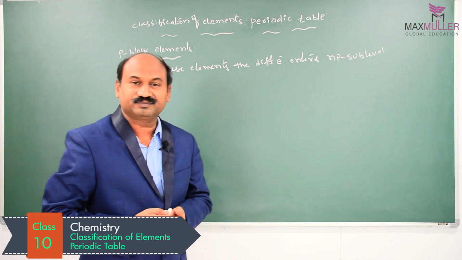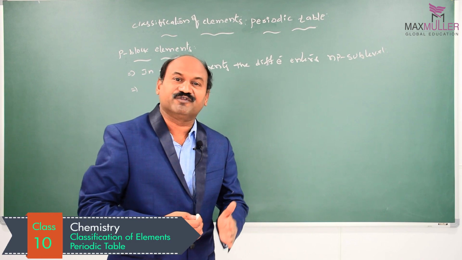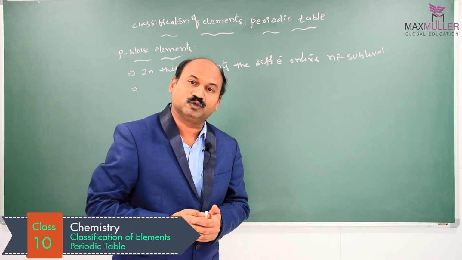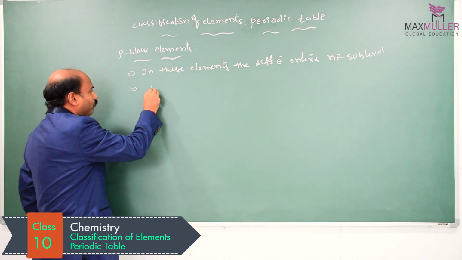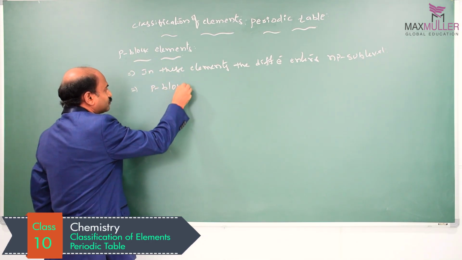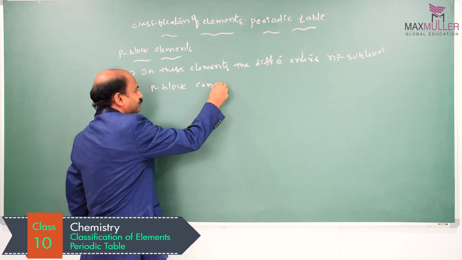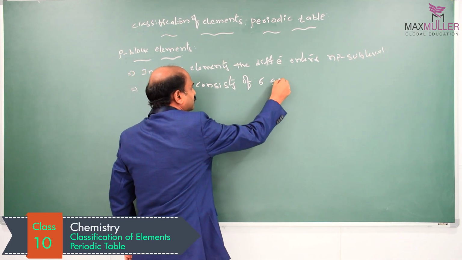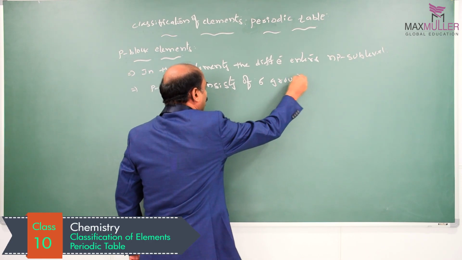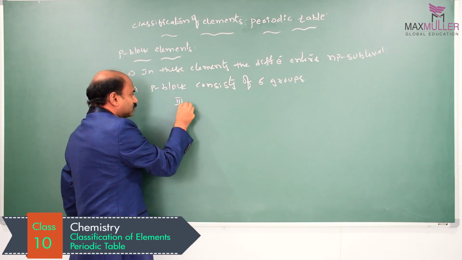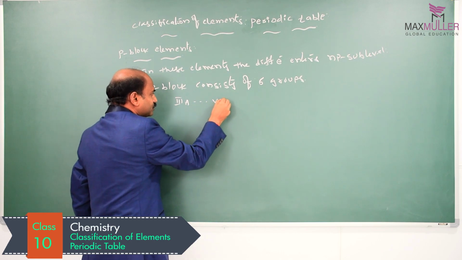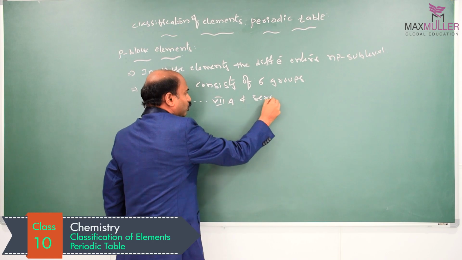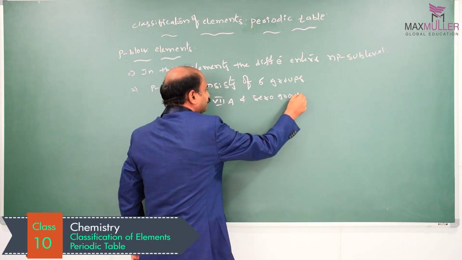They are from 3A to 7A groups, including the 0 group also.